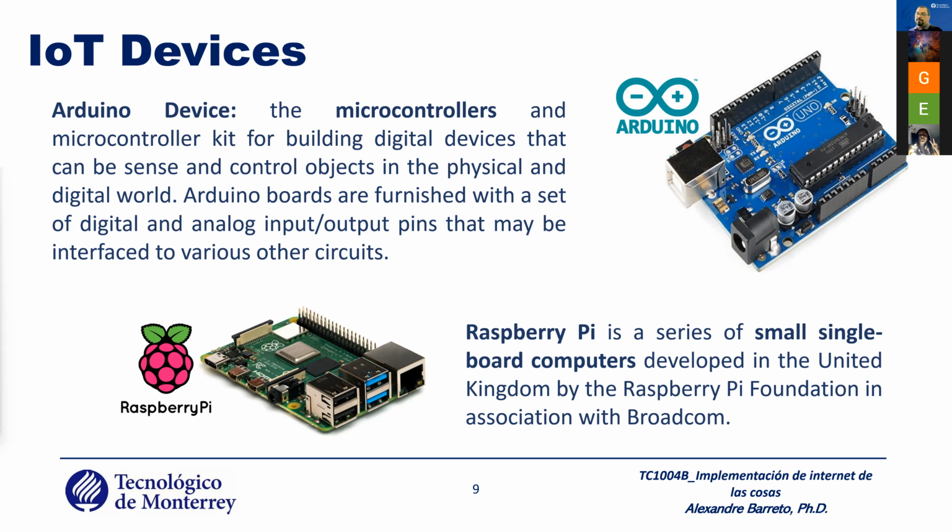So the main difference between Arduino and the Raspberry is that the Arduino is only a microcontroller. What it means, you don't have a computer, you don't have memory. It's only a microcontroller, and you need to program it to provide a service. Otherwise, the Raspberry is a very small single board computer. It's like a computer.